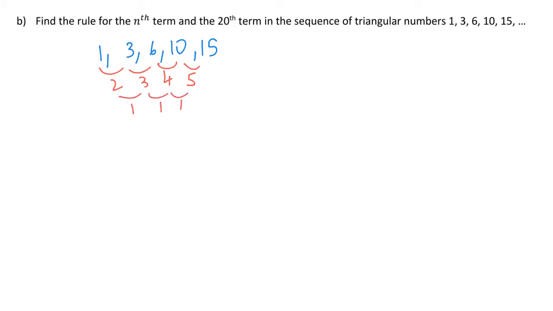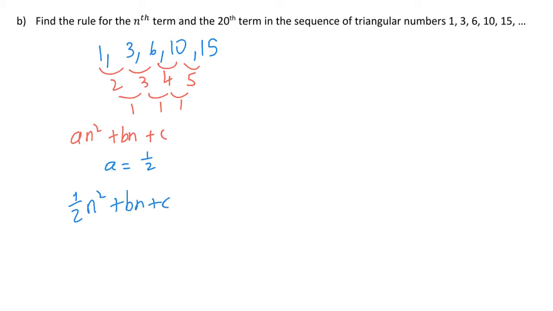Because the second difference is the same, it's going to be of the form an squared plus bn plus c. And the link between the second difference and a is that the second difference is twice a. So that means that a is going to equal a half. So what we know then is it's going to be a half n squared plus bn plus c.